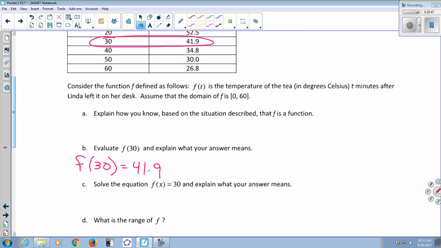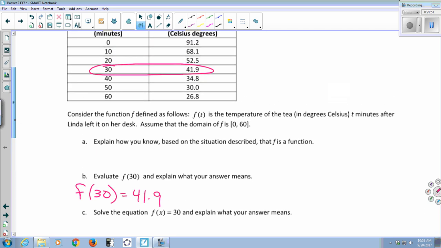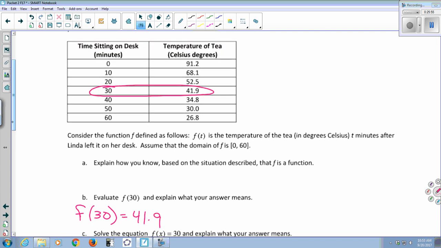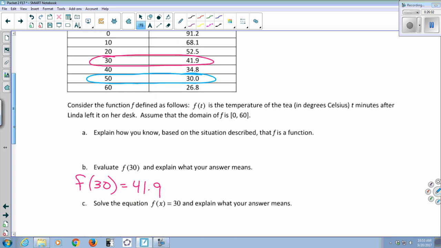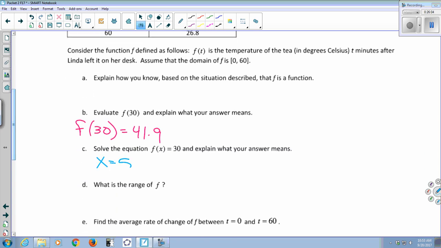Solve the equation, when does f of x equal 30? So now I'm looking for a temperature of 30, output of 30, and I'm looking for an x, time. So I have a spot right here where my temperature is 30, and that happens after 50 minutes. So interpret to explain what that means: the tea hits 30 degrees after 50 minutes.